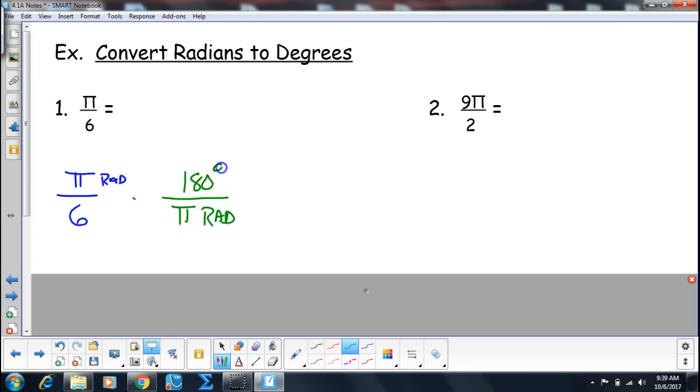And then my radians cancel each other out. And if I multiply across, that would be 180 pi over 6 pi. The pi's cancel out. 180 over 6? 30. So this one is just 30 degrees.